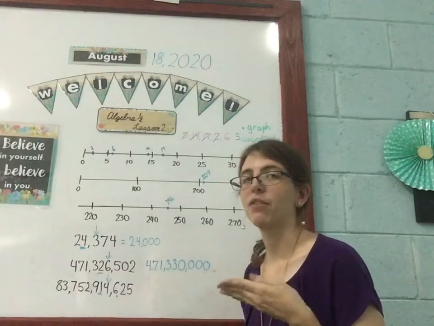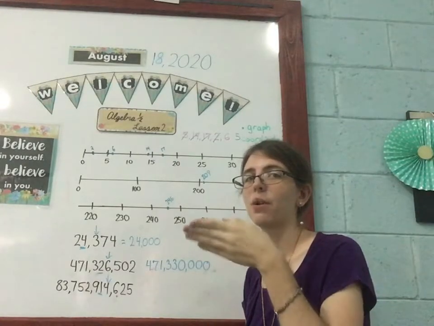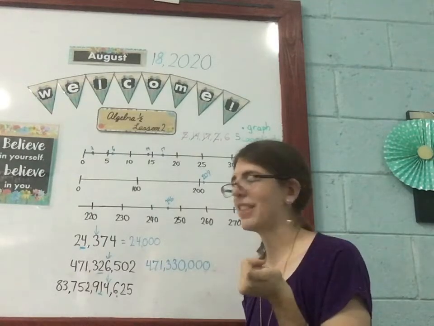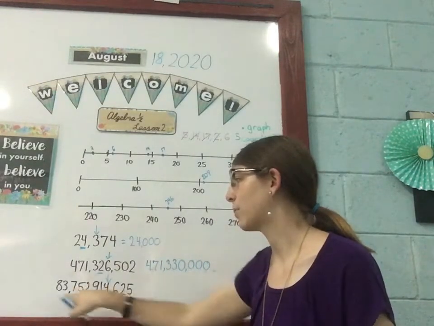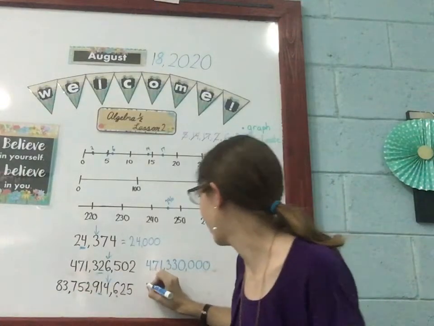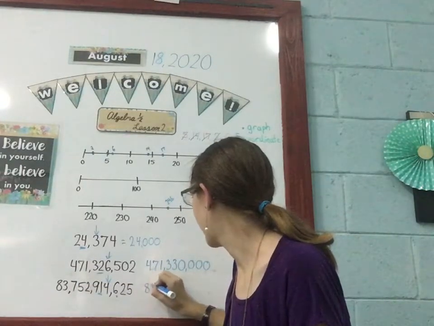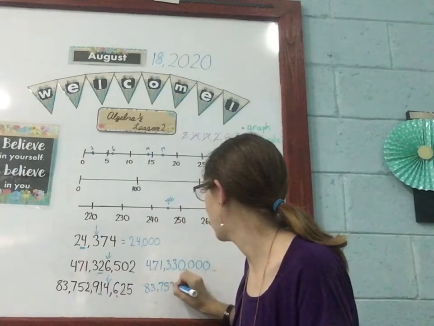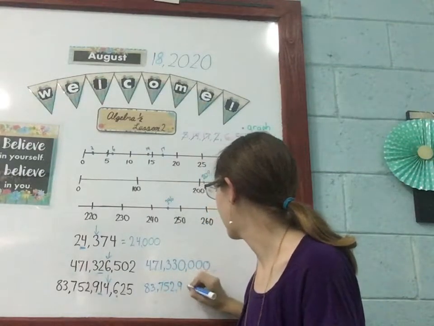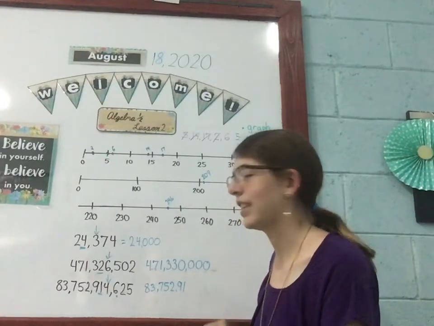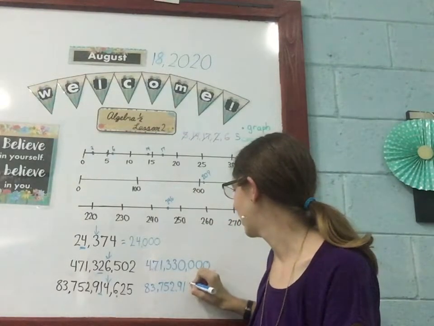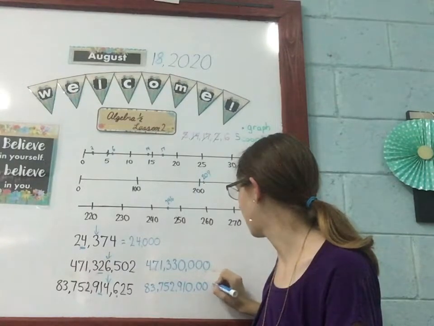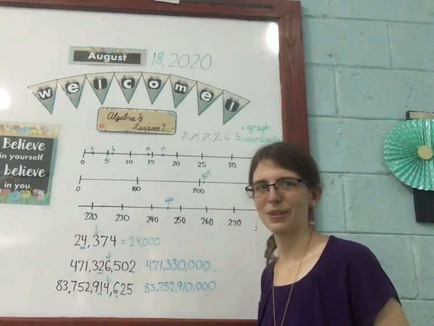I have a 4, so that falls into the category of 4 or less. So what do I need to do? Keep it the same. All the numbers in front are going to stay. 83,752,900. That stays the same as a 1. 10,000. And the rest of those numbers become zeros.